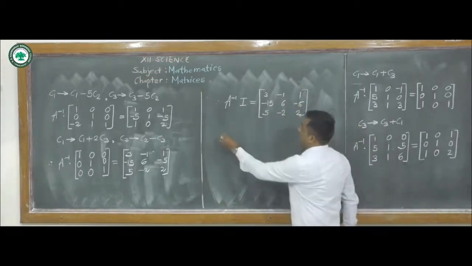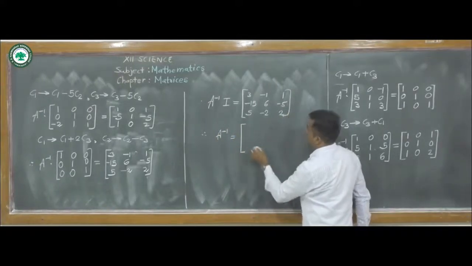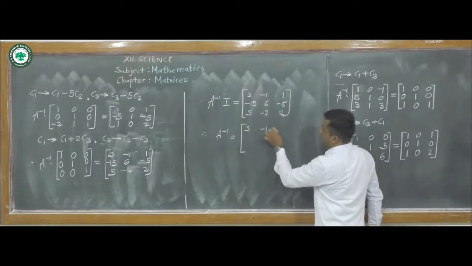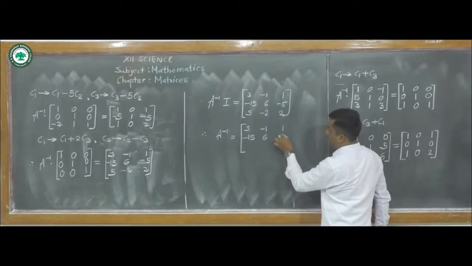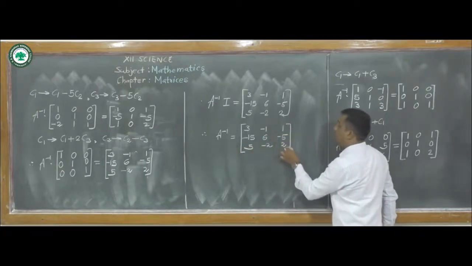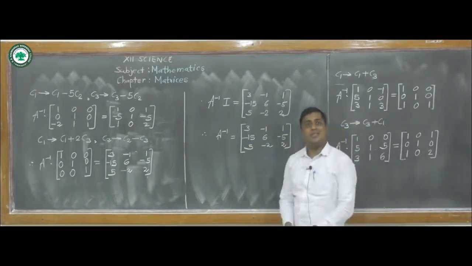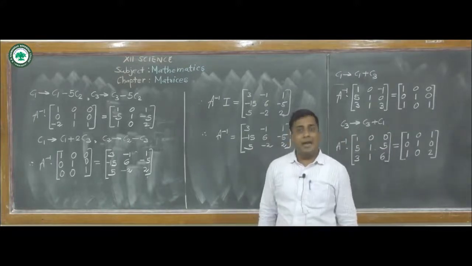Okay, so here A inverse is equal to, inside the matrix 3, minus 1, 1, minus 15, 6, minus 5, 5, minus 2, 2. So this is the inverse of the given matrix A.